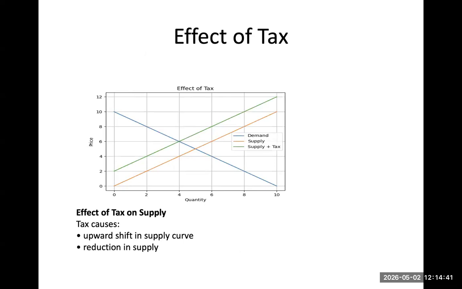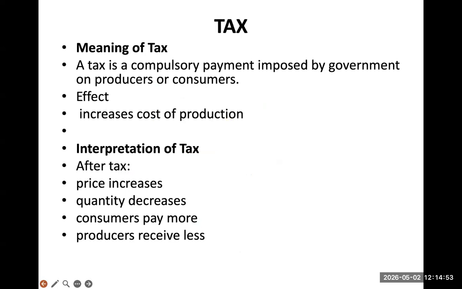Hello, sir. Yeah. Before you come to the diagram or the graph, the previous slide, please. You said that the effect is that it increases cost of production, and that relates to the producer, right? Yes.